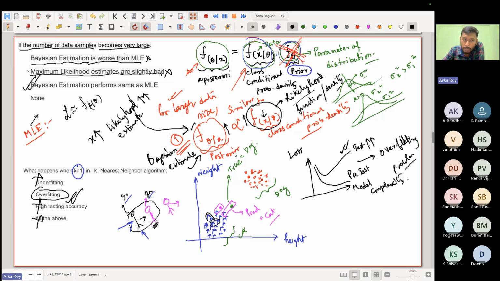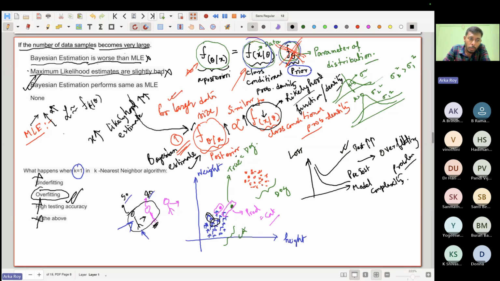Now if you have larger amount of x, you have lots of training samples to learn from, and your understanding will be far better. Let's say you have two data sets. In one data set you have 10 samples, and in another you have, let's say, 1,000 samples. For 1,000 samples, your learning will be better than for 10 samples. So the log likelihood, the MLE estimate, will perform better if you have larger amount of samples. So this particular line is incorrect.